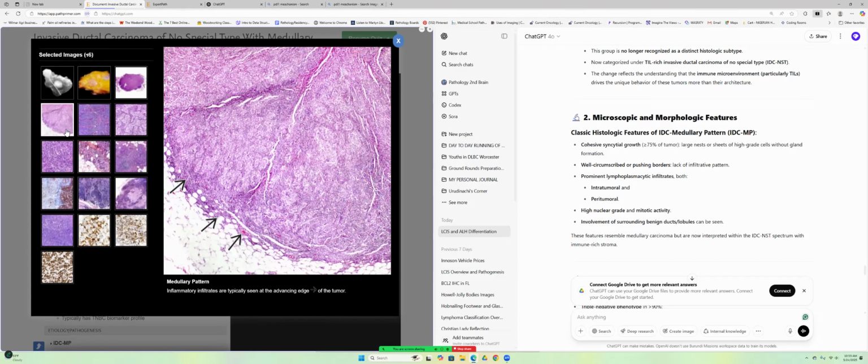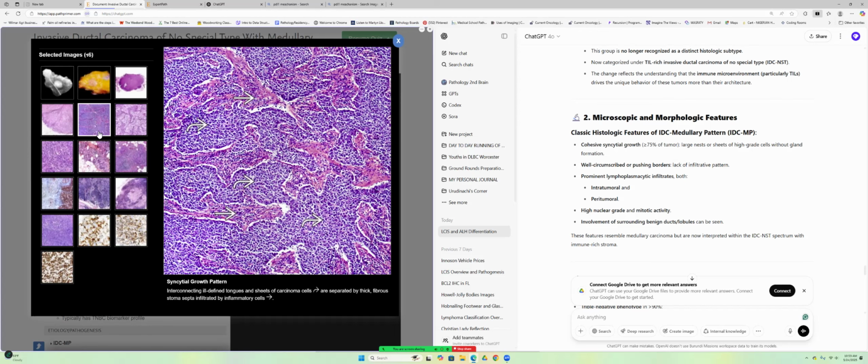Inflammatory infiltrates, and we typically see that with the advancing age of the tumor. Syncytial growth pattern separated by thick fibrous stroma. Septa infiltrated by inflammatory cells.